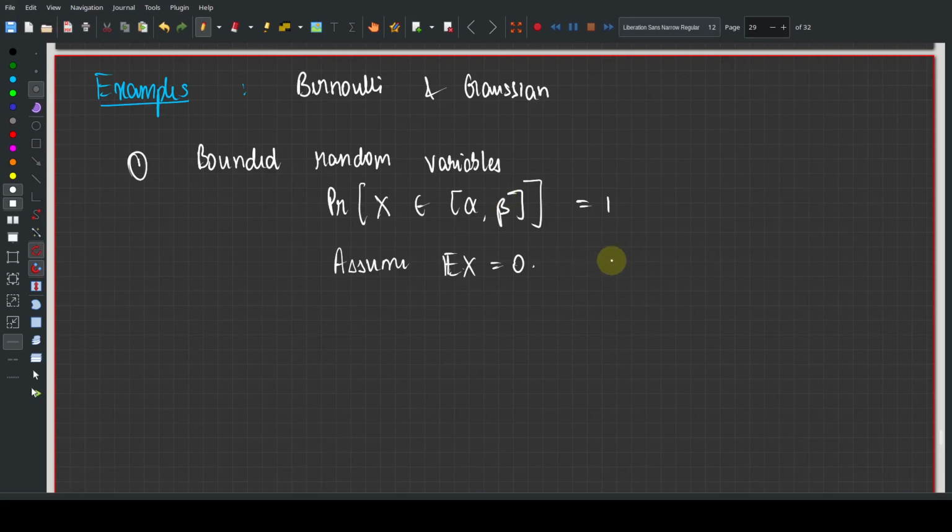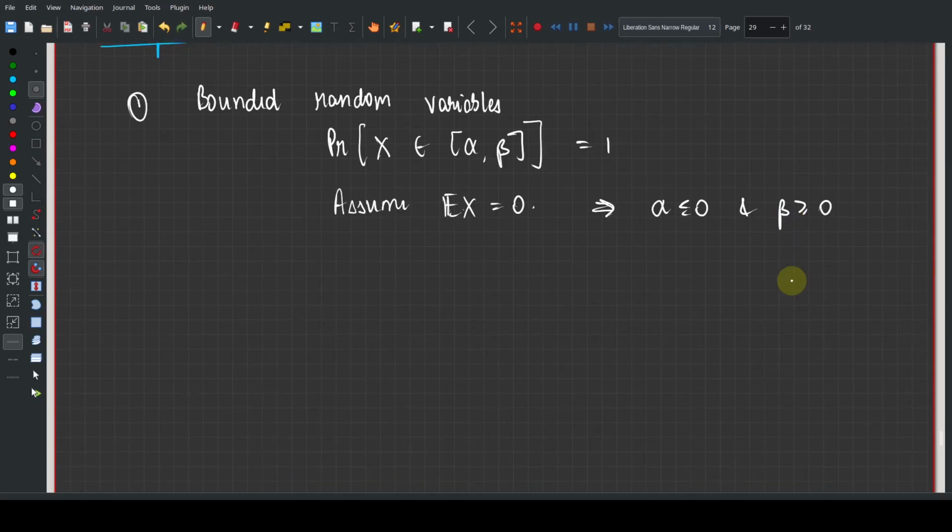Correct. Alpha should be less than or equal to 0 and beta should be greater than or equal to 0. That's something we need to have, otherwise we can't have the expected value of x to be equal to 0.